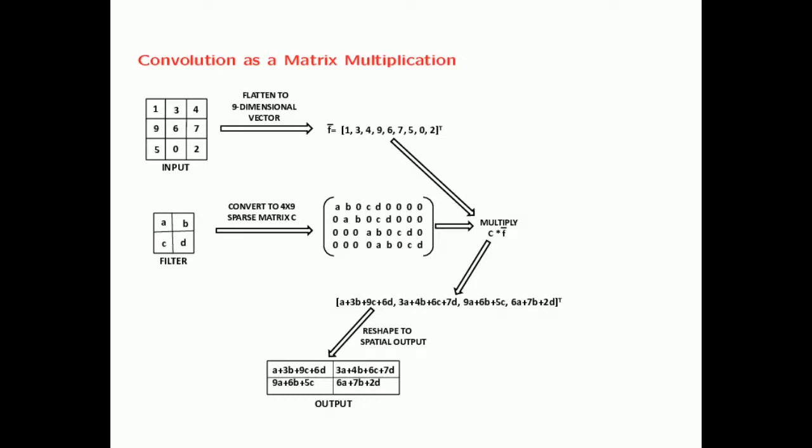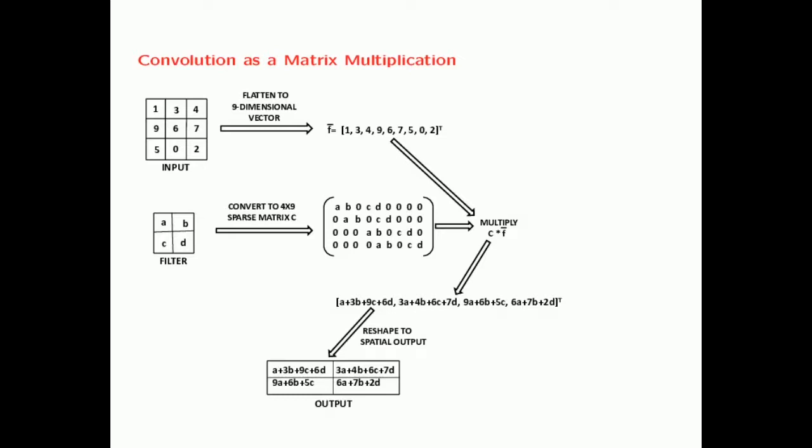Let's look at the top row of the matrix C, which is A, B, 0, C, D, then 4 zeros. So you can see that when you flattened your input to a 9-dimensional vector, when you align the filter with the first row, A and B will be the first 2 elements, and then because the filter is not aligned with the third element, you'll just set it to 0.